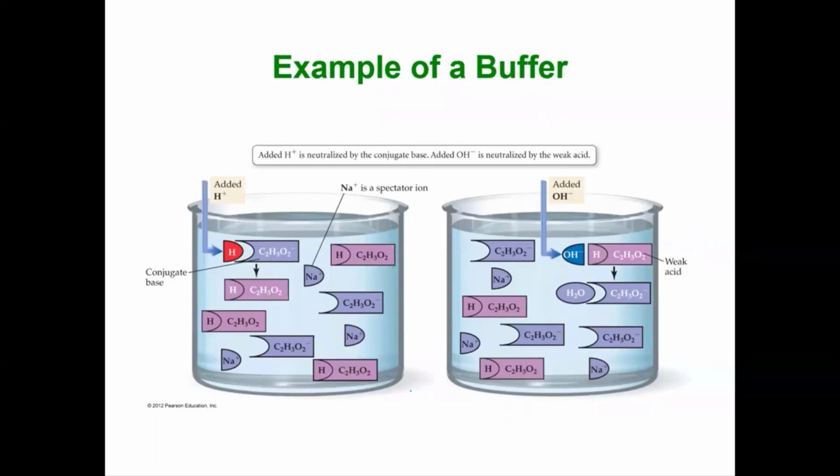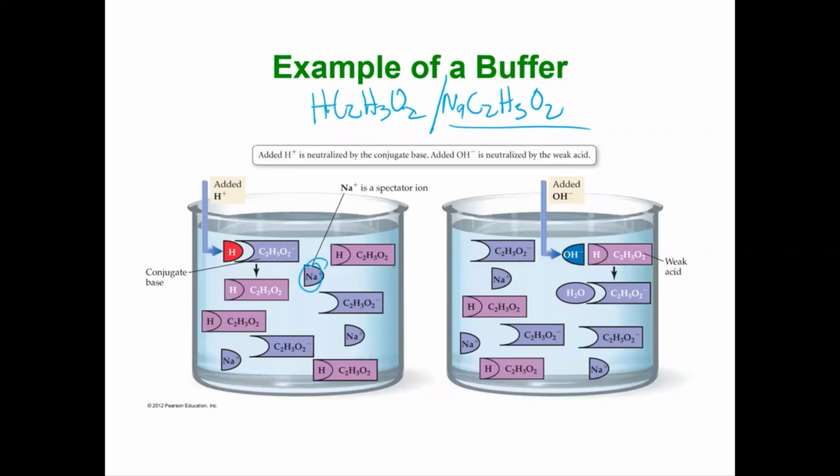So this last slide kind of shows it, right? So what do I have? I basically have acetic acid, right? And its conjugate base. Now they write it as Na because that's how I get it dissolved in solution. I put sodium acetate in solution.